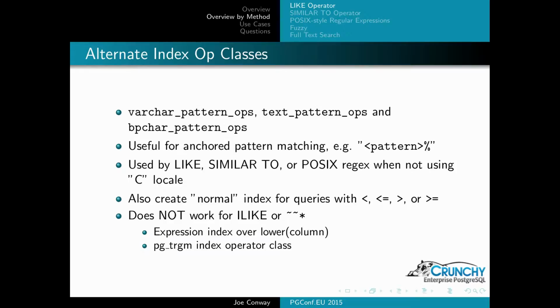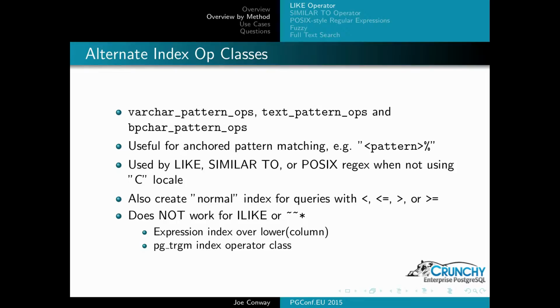One of the important things, if you want to make like queries fast, is the idea of index operator classes. When you create an index using the standard syntax and don't specify anything, you just say create index, some index name, on a table, parentheses, column. By default, you're going to get a B-tree index, which is a normal index.